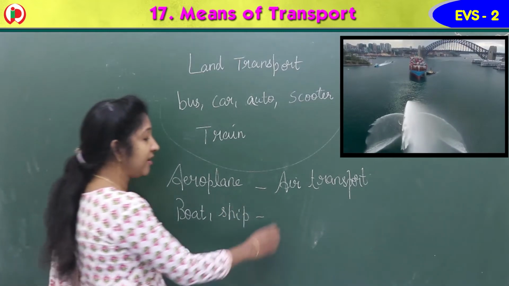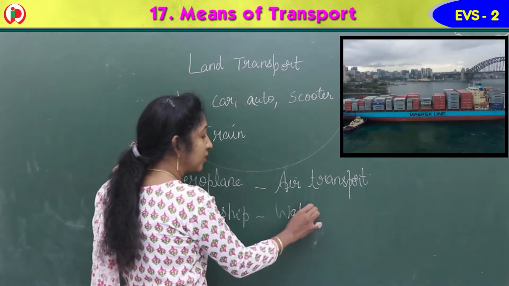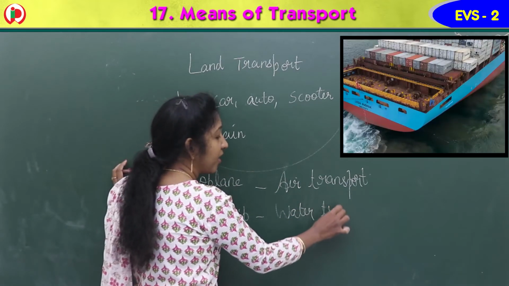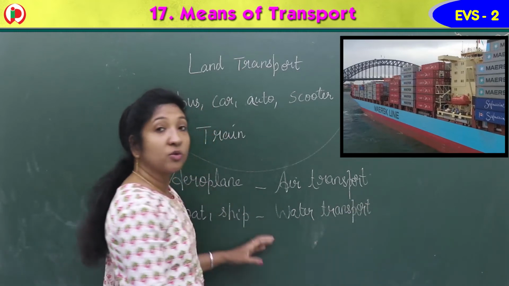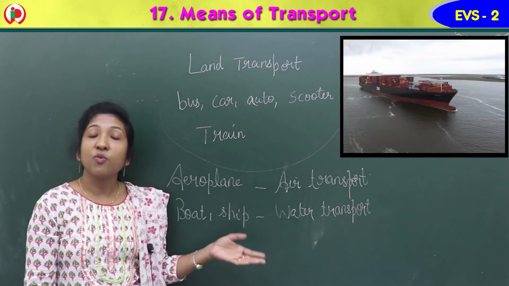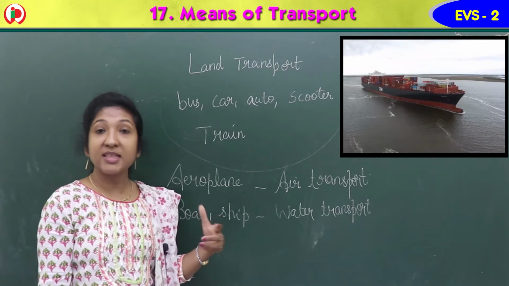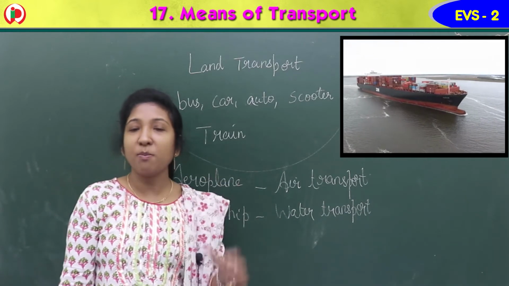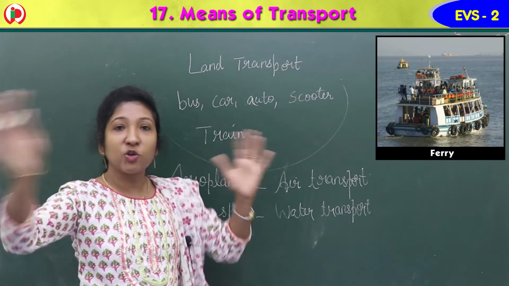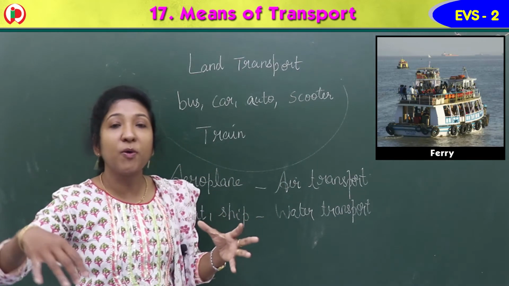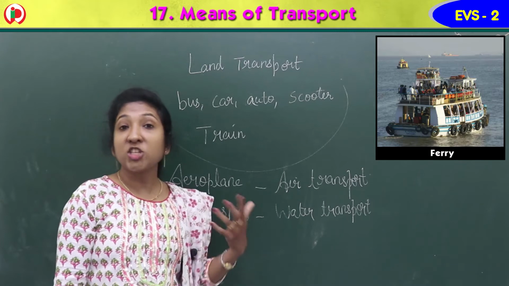So they are called water transport. The transport that travels through water is called water transport. In some villages, you can see a small boat called a ferry traveling from one end to another to cross the river. They use this small boat. Then ship.